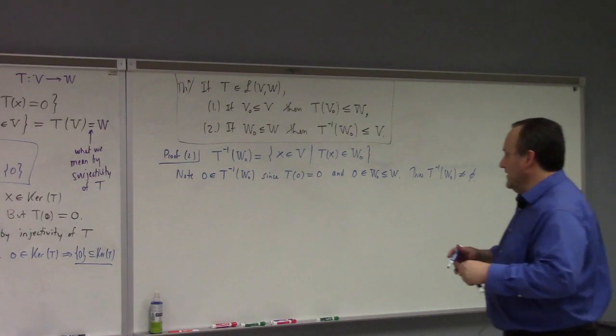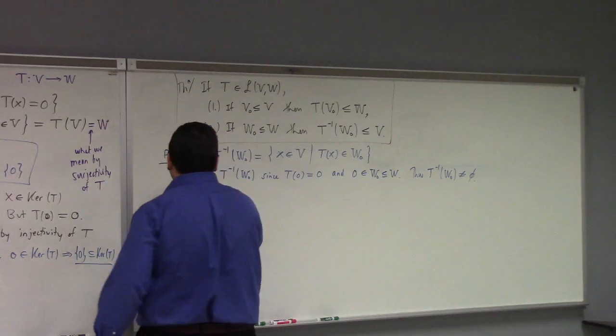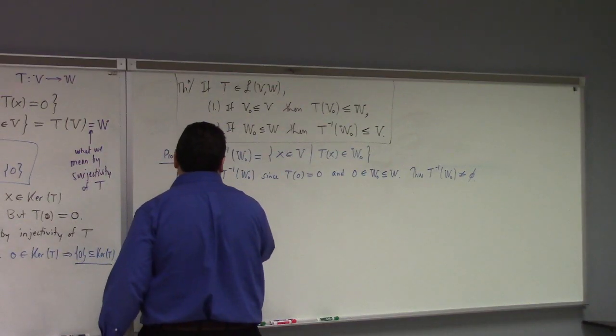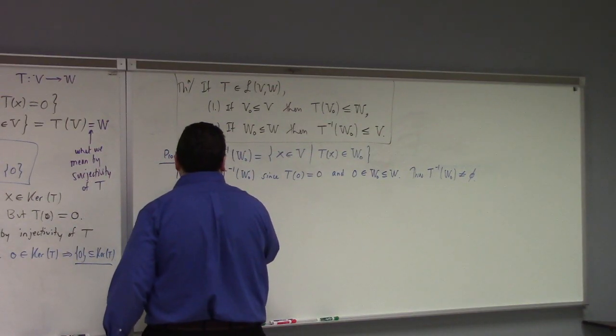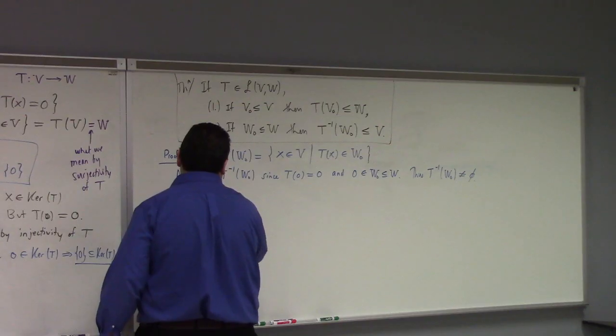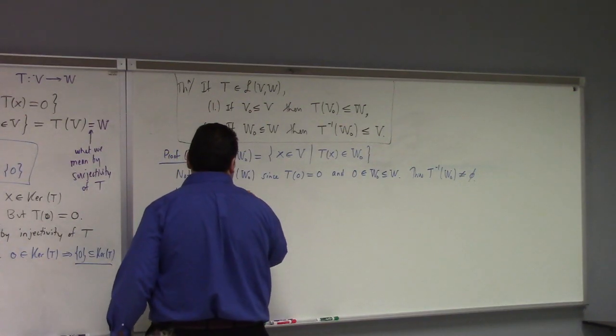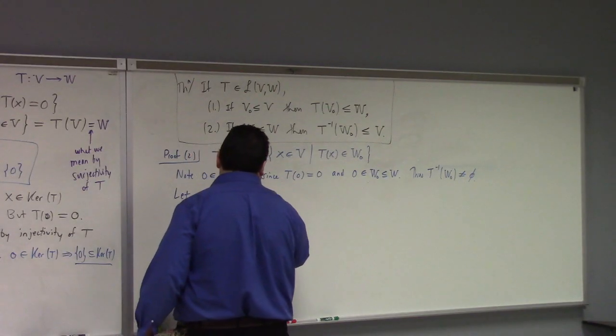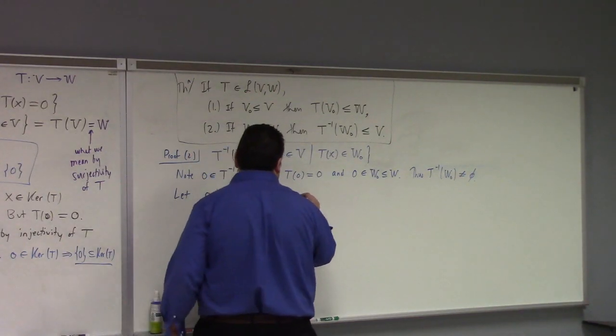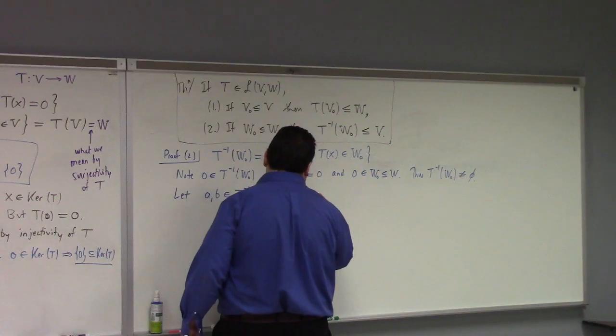All right. Let x and y. Actually, let me use A and B here for a second. Let A and B be elements of the inverse image of W naught. And we'll let C be an element of the field, right?